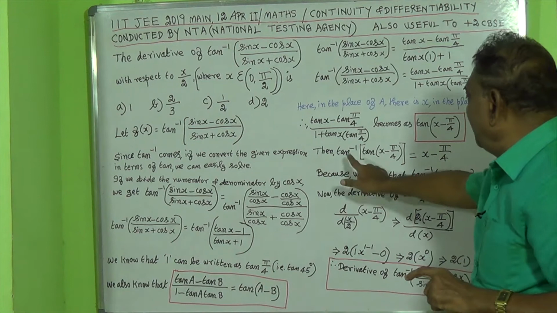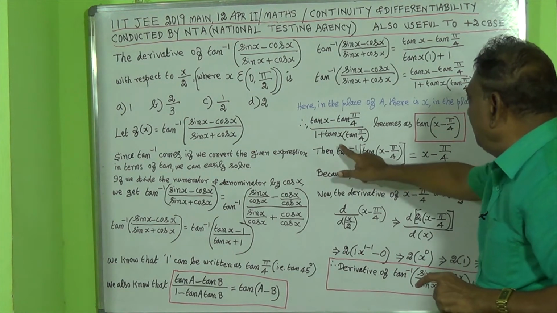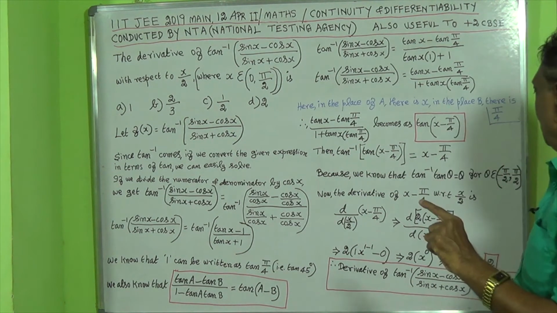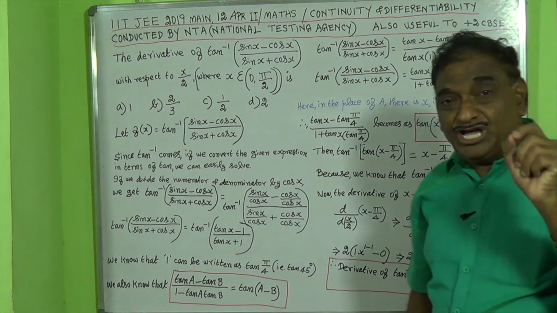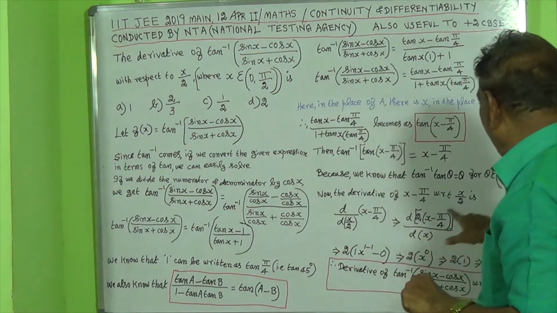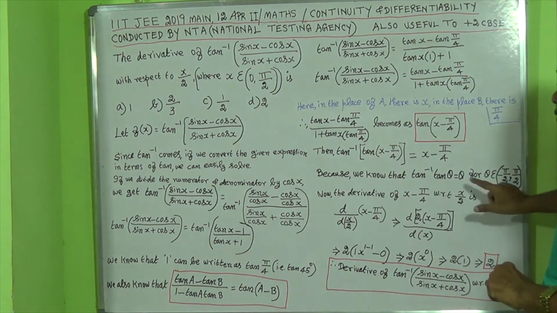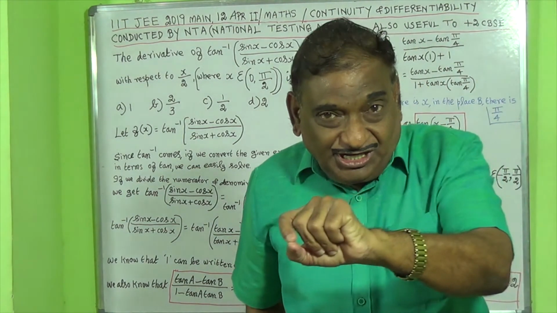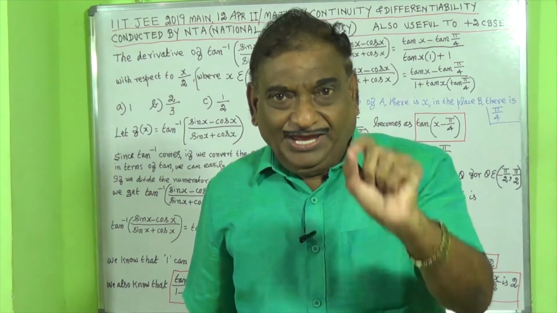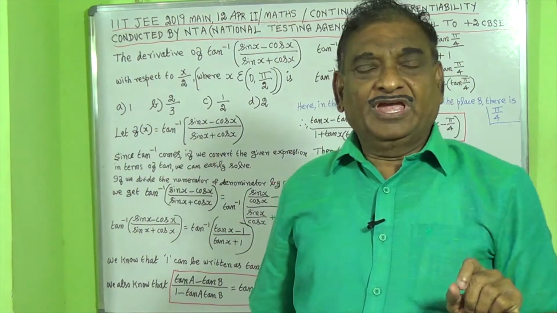Then this tan inverse and tan can be cancelled. Why? We know that tan inverse of tan theta equals theta, for theta belonging to (minus pi by 2, pi by 2). Now the function to be differentiated is only x minus pi by 4.